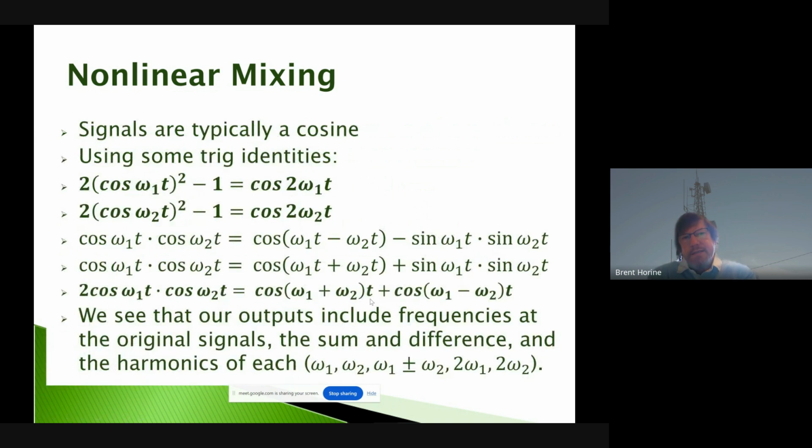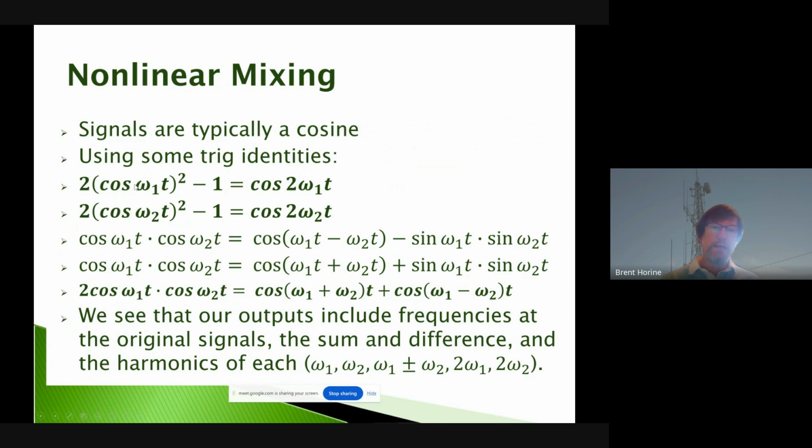Now let's consider that we often are dealing with a cosine signal, or a signal that could be represented as a sum of cosines, right? Through the Fourier series expansion. But let's just keep things simple, and we've got two frequencies here, with our signals represented as cosines.